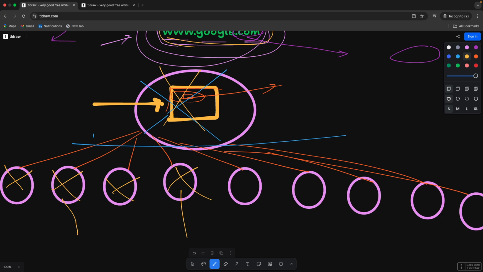Now, why is it called a domain? Domain, meaning in English, is basically specific areas, right?